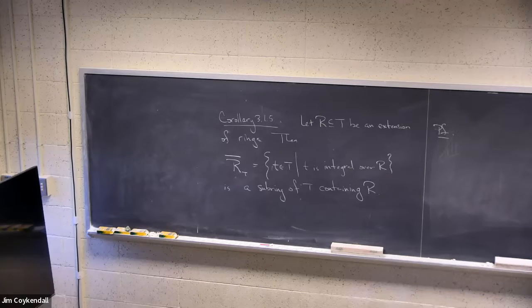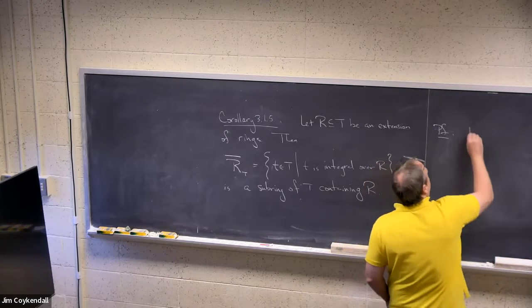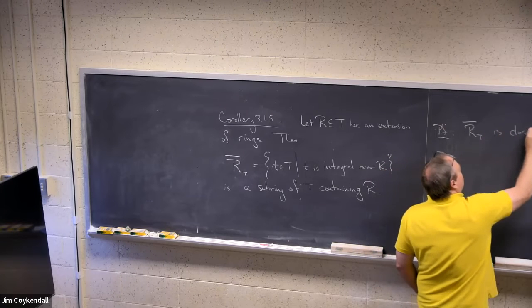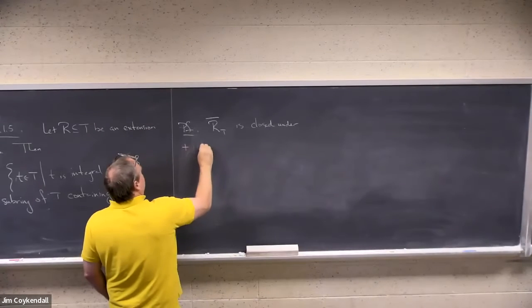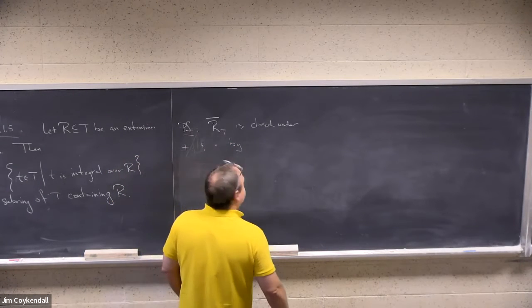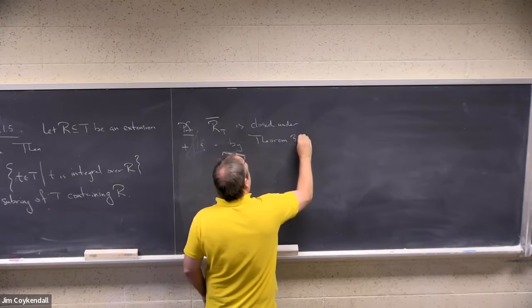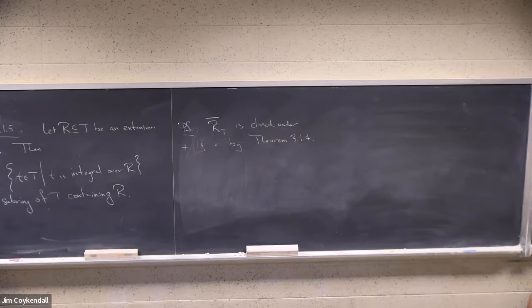Because I'm only taking the elements t in T that are integral over R. It is closed under addition and multiplication by Theorem 3.1. And so this is like a ring.